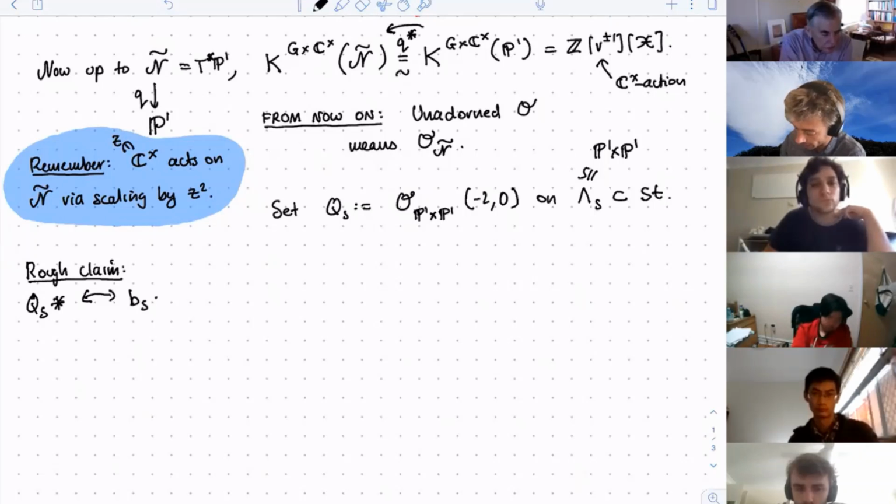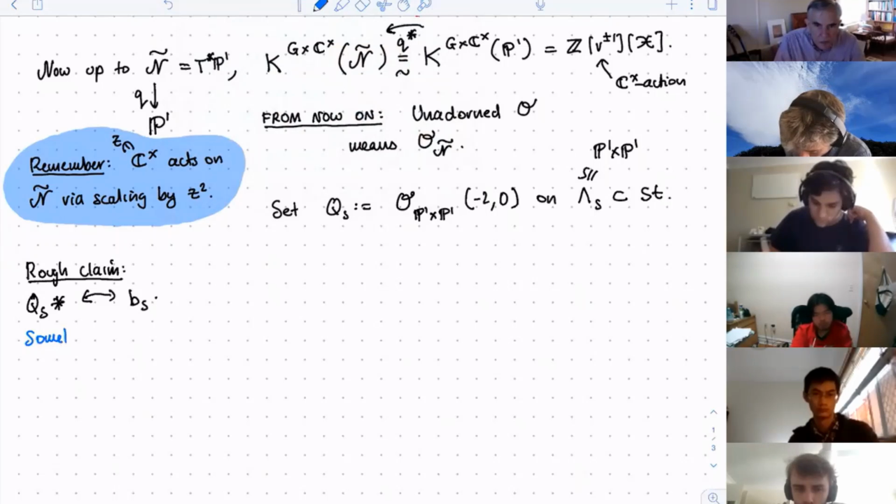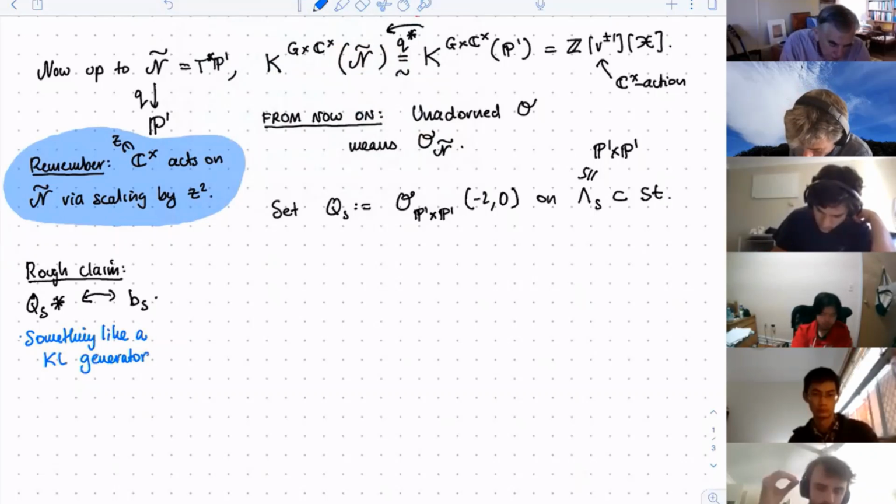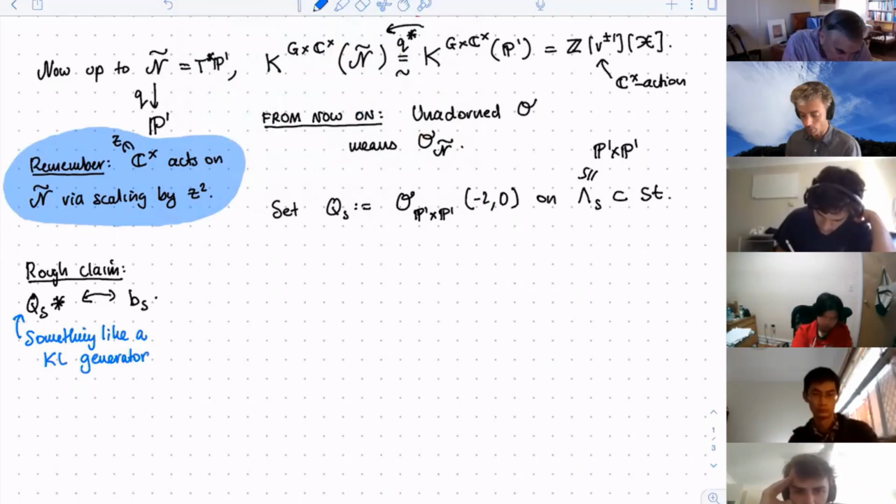So that this guy is something like a Kazhdan and Lusztig generator. And we'll see that up to a sign and a power of V, it acts the same way as the Kazhdan and Lusztig generator.